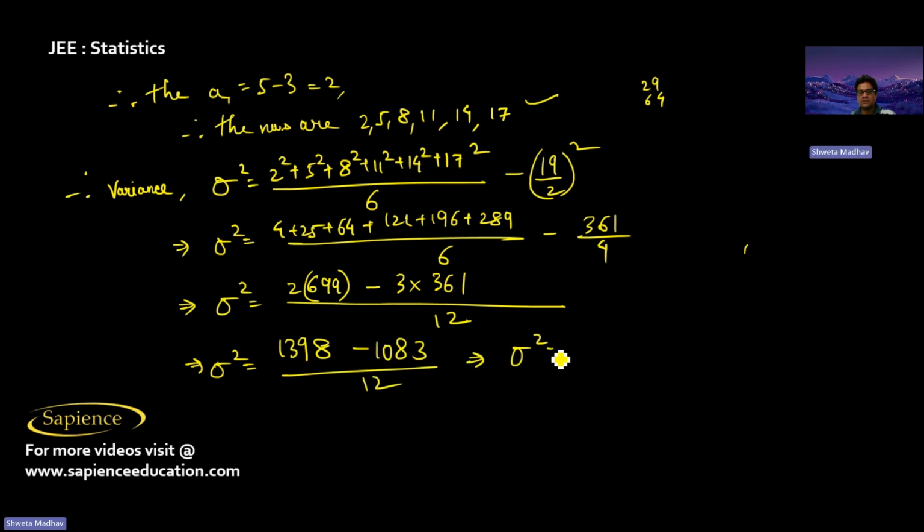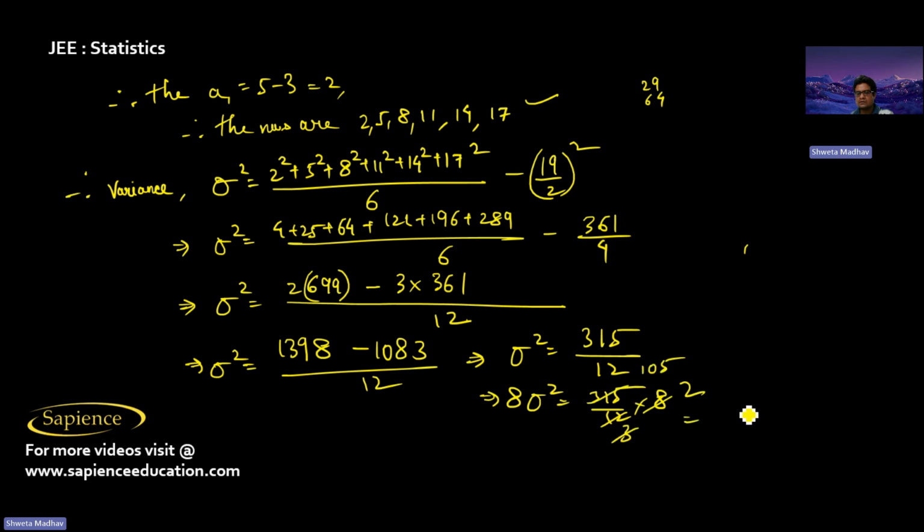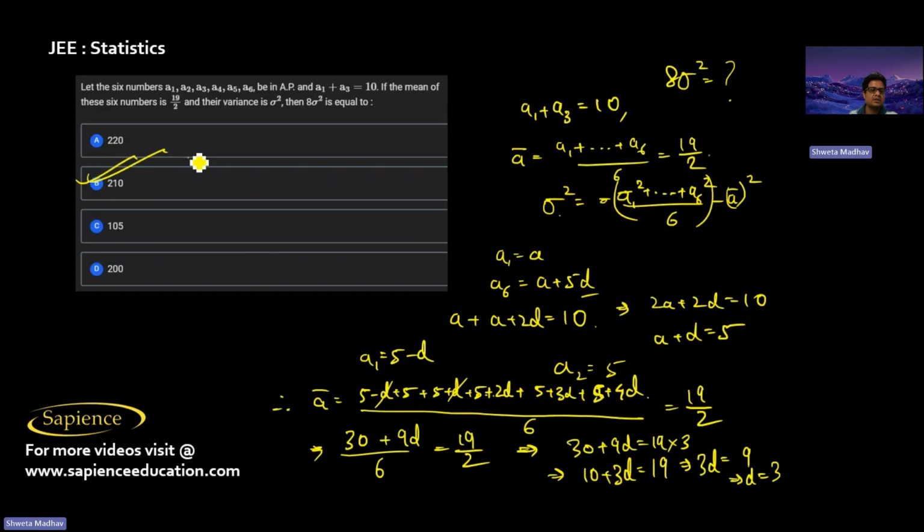So sigma square will be equal to 315 divided by 12. So 8 sigma square will be equal to 315 by 12 into 8. 4 is a 12, 4 is a 8. Then we can cancel, 3 5s are 15, so 2 5s are 10, so this is 210. So obviously option B is the correct answer.